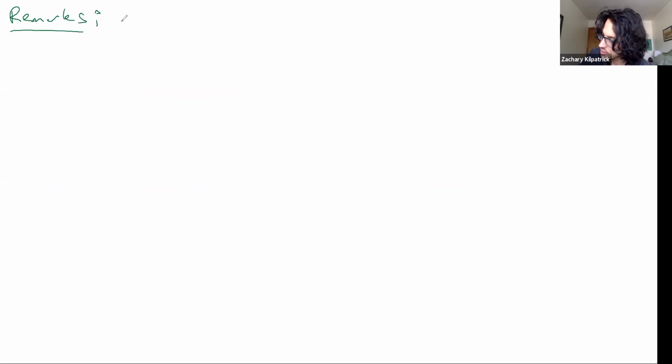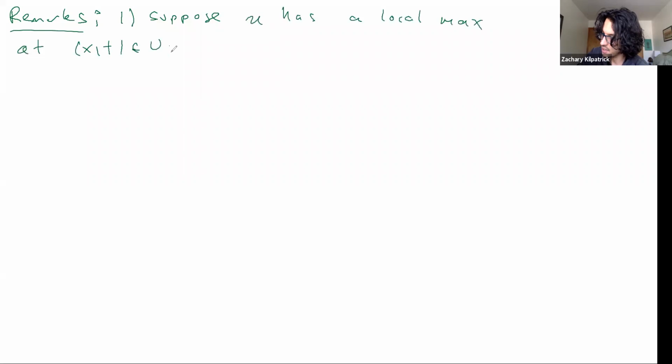Okay. So what's the idea with the proof of this? If we suppose u has a local max at x, t in U sub t, okay? Then what do we know about local maxes just from calculus, right?